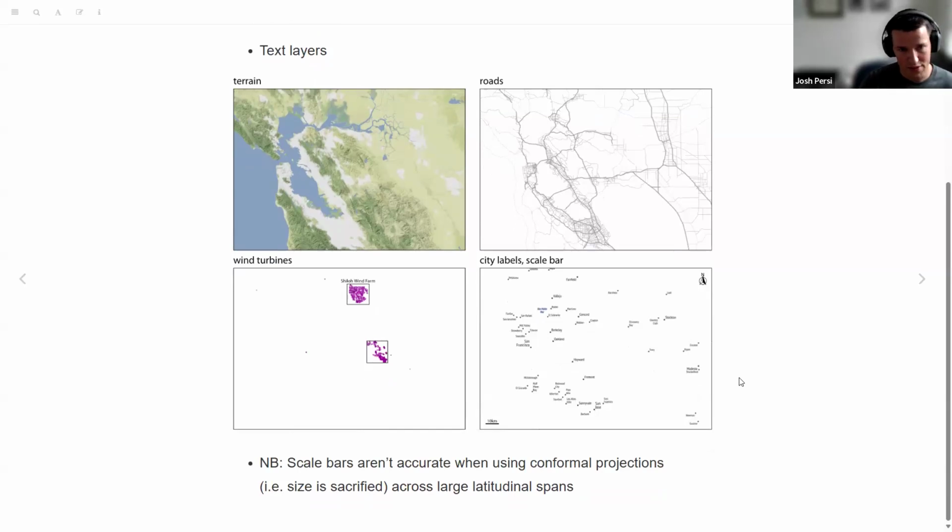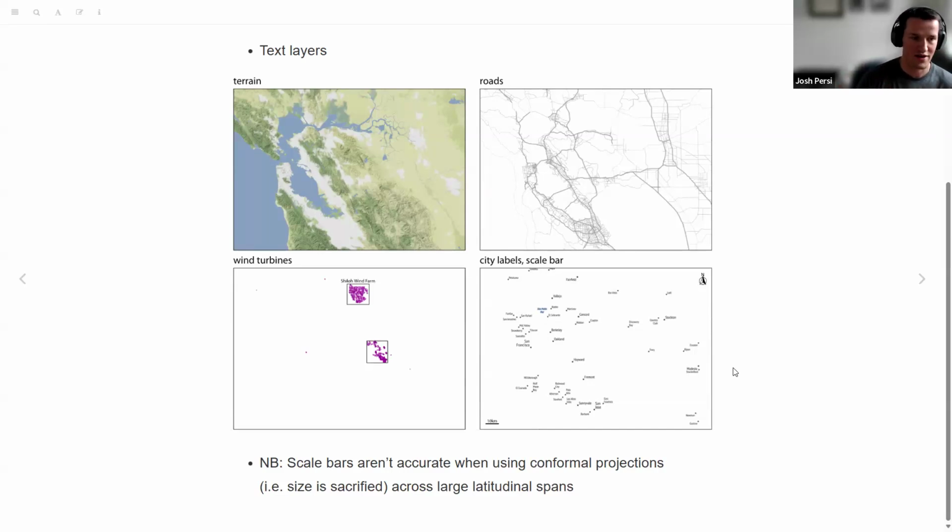One thing I found out when plotting a conformal projection, so one that preserves the shape as opposed to the size, and you go over a large latitudinal area, so say the Americas, using a scale bar is kind of meaningless because the scale bar doesn't mean the same thing at every latitude because you're using a conformal projection.